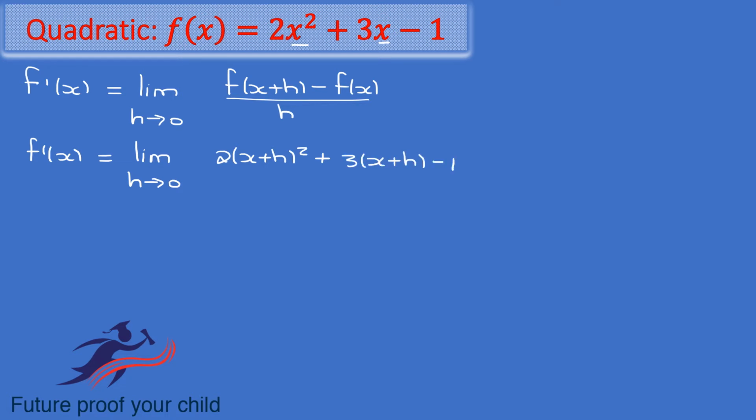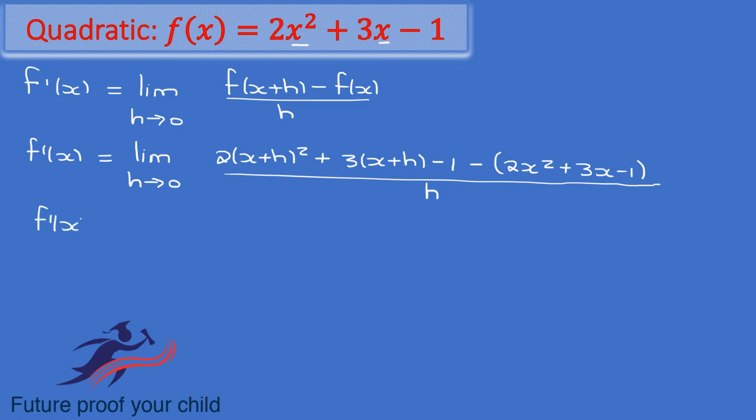Then you subtract your f of x. So it's minus bracket 2x squared plus 3x minus 1. And it's everything over h. So the derivative equals the limit as h approaches 0.